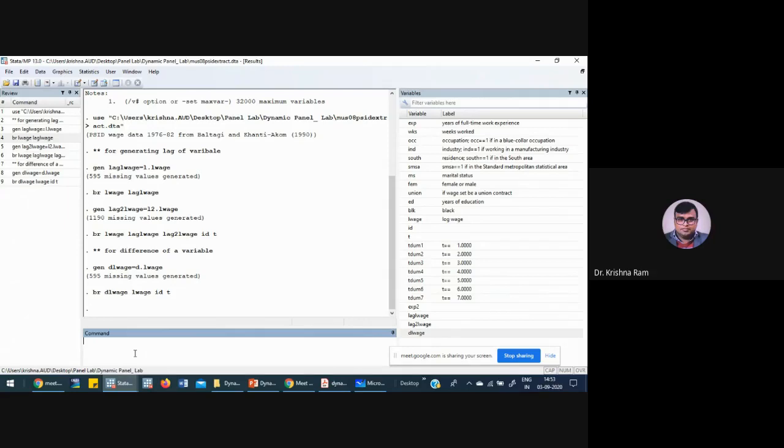Originally this data set belonged to the PSID wage survey, which was conducted in the years 1976-82. Initially, this data set was used by Baltagi and later on by Cameron and Trivedi.